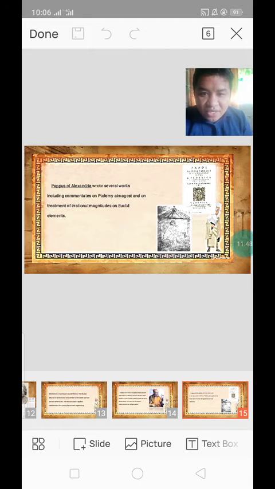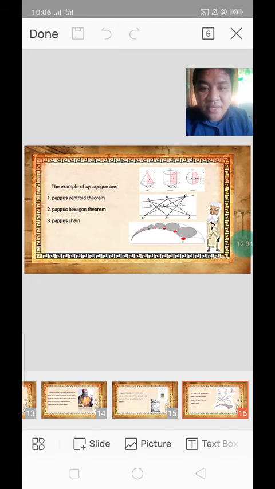Then Pappus of Alexandria wrote several works including the commentaries on Ptolemy's Almagest and treatment of rational longitude elements. Then the examples from the Synagogue are the Pappus Centroid Theorem, the Pappus Hexagon Theorem, and the Pappus Chain.